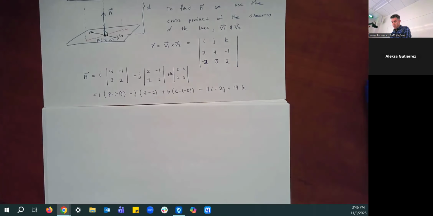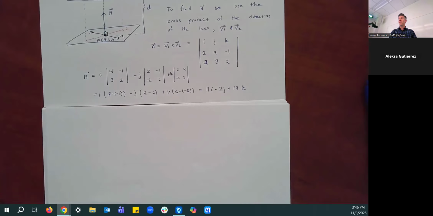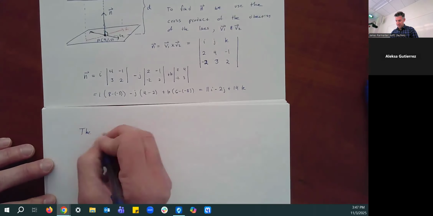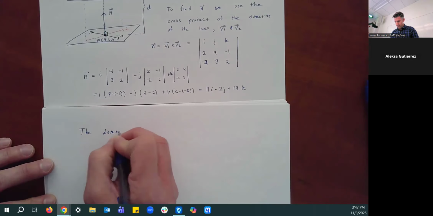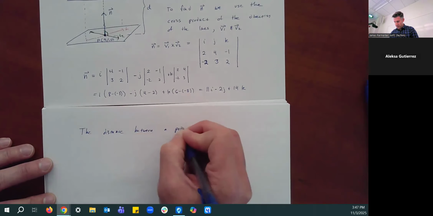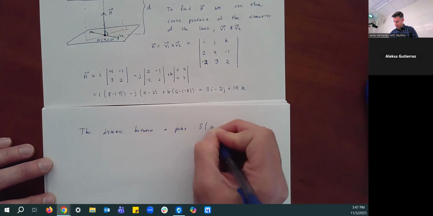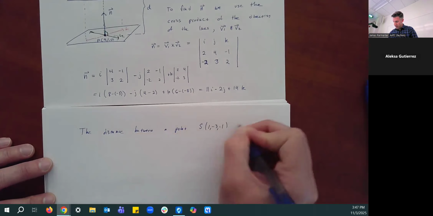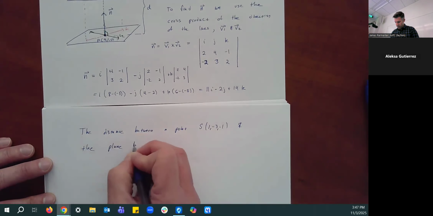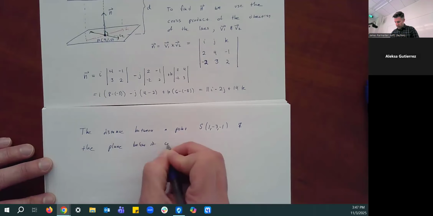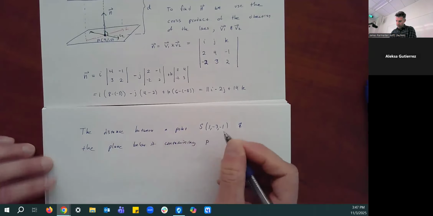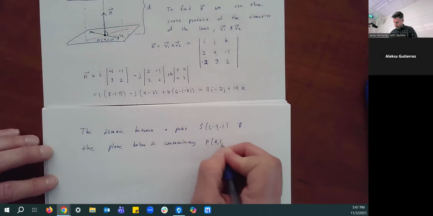So let's see if I can remember the formula without looking. We know that the distance between a point S, (1, -3, -1), and the plane below it containing the point P, which is the point (4, 1, 0).